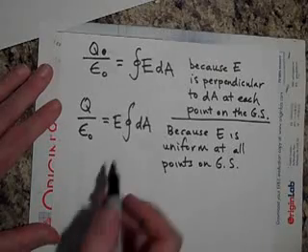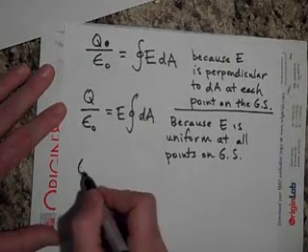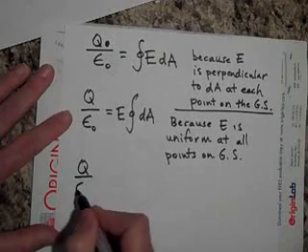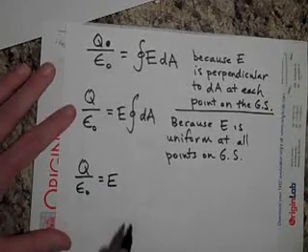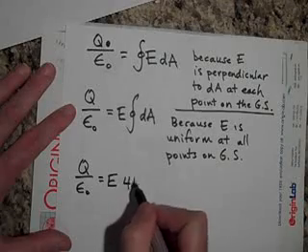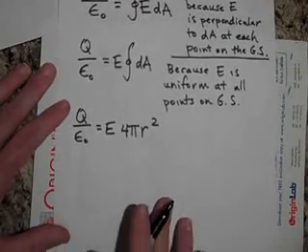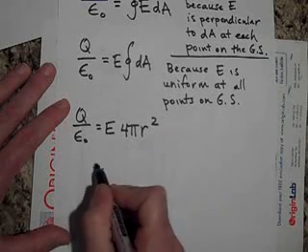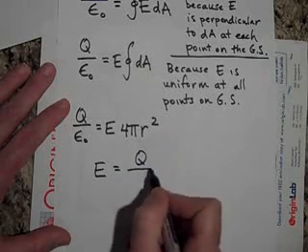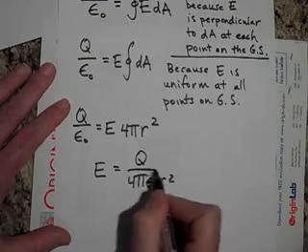Okay, well now this is saying just sum up all the dAs. Well, if I sum up all the dAs, I get the surface area of a sphere, which is 4 pi r squared. And if I bring this on the other side, I get E is equal to Q over 4 pi epsilon naught r squared.